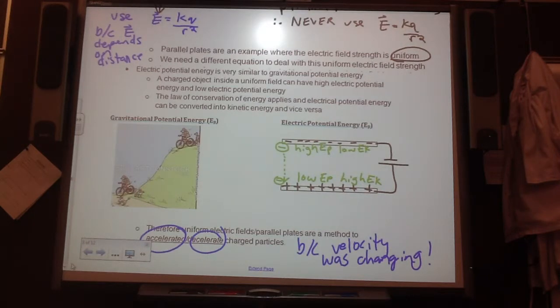Now, I'm going to tell you about an application of this. Remember back in Bio 30, we were doing DNA stuff, and we talked about gel electrophoresis? Very old, I guess. This is what gel electrophoresis uses. DNA is naturally negatively charged. So they make these parallel plates, put the DNA into the gel, and then turn on the battery.